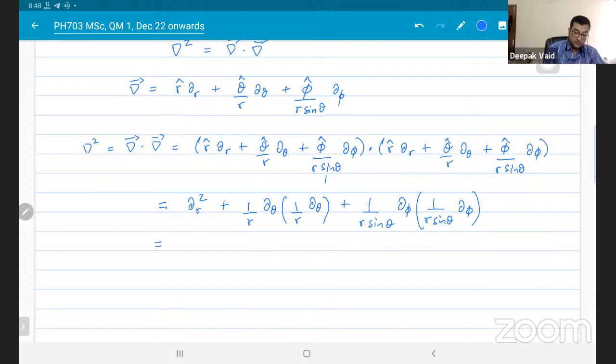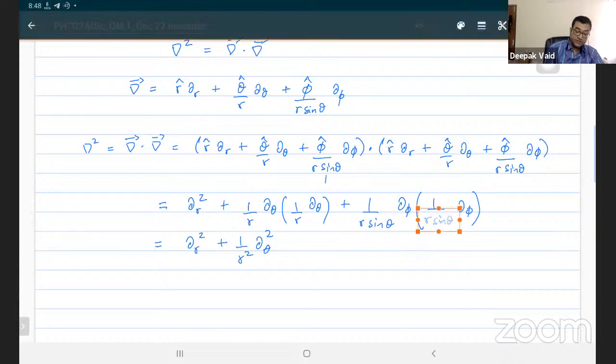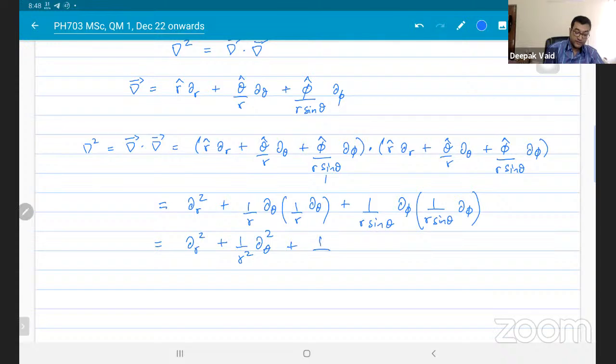Now, in this case, there is nothing special because r is independent of theta, right? r, theta, and phi are independent coordinates. So this term just becomes 1 by r squared dou theta squared. 1 by r will just come out. And same thing here also, r sin theta is independent of phi, so you will get 1 by r squared sin squared theta dou phi squared.